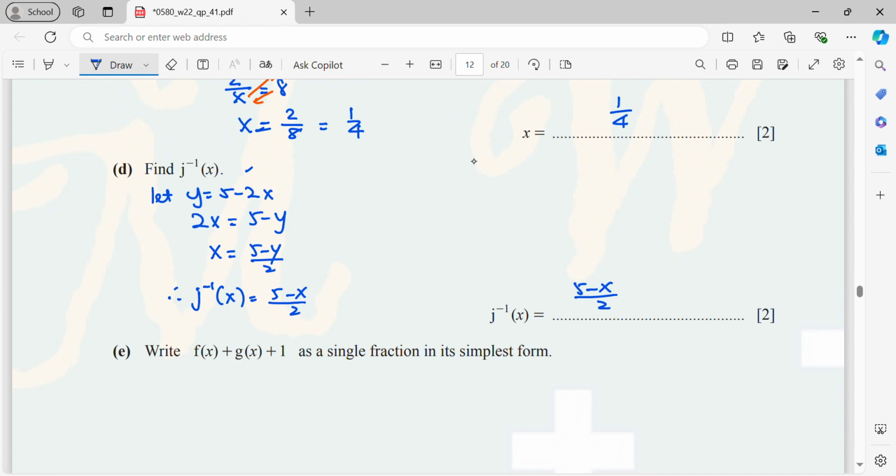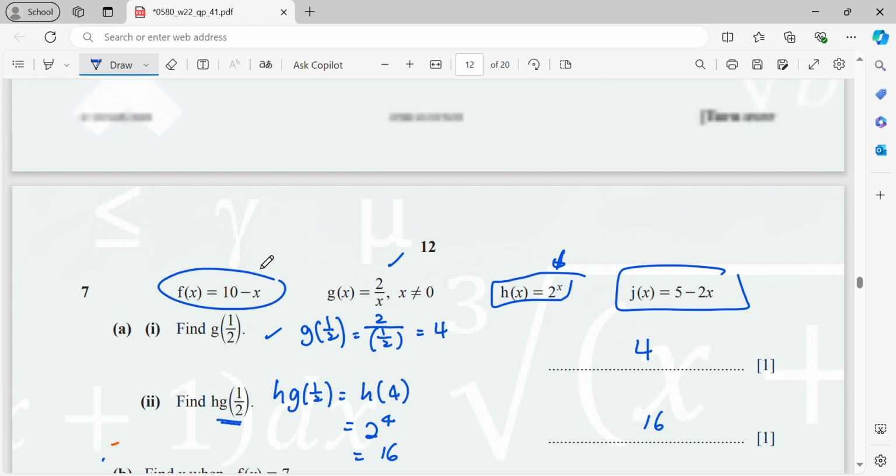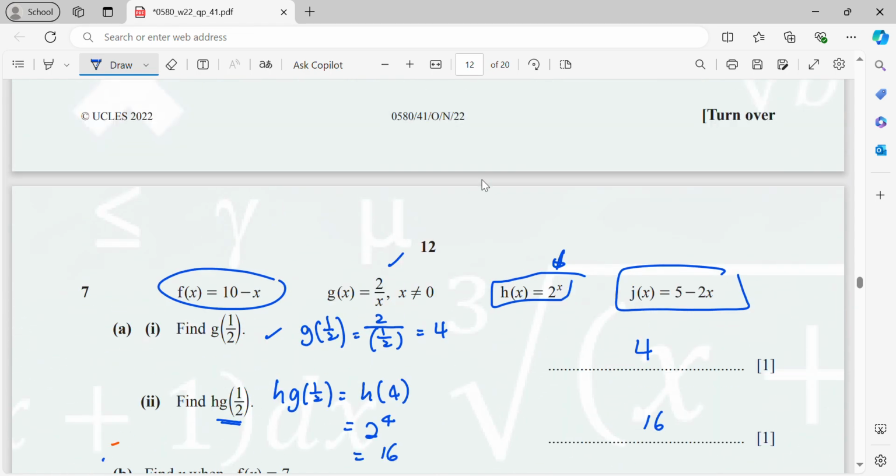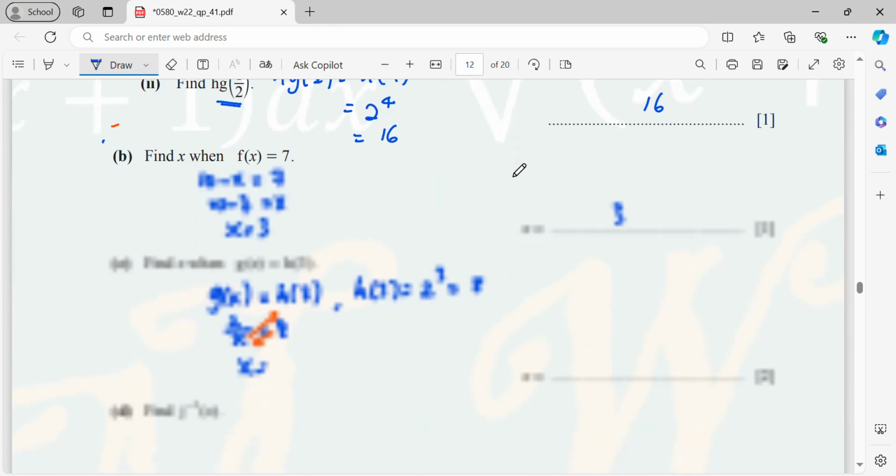Okay, now part E. Write fx plus gx plus 1 as a single fraction in the simplest form. So fx is 10 minus x. There's my fx plus gx. Gx is 2 over x.